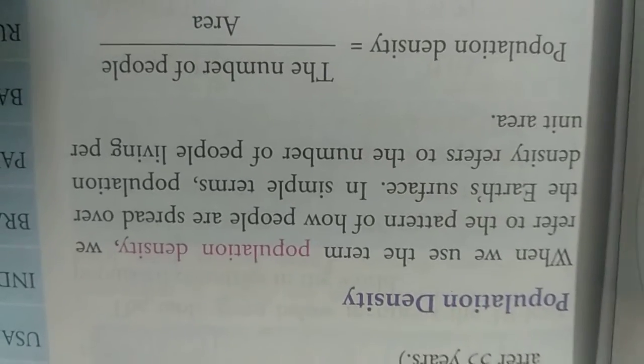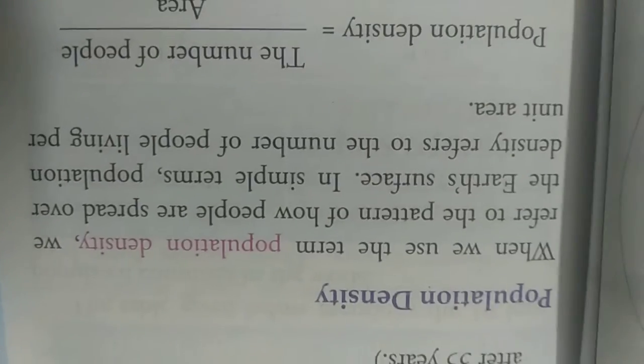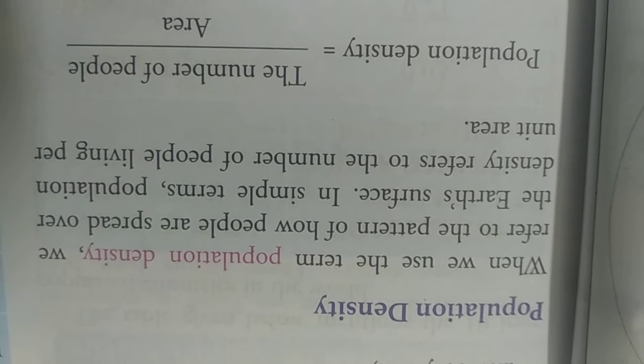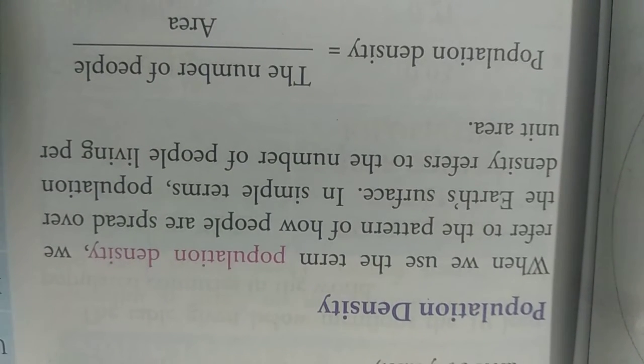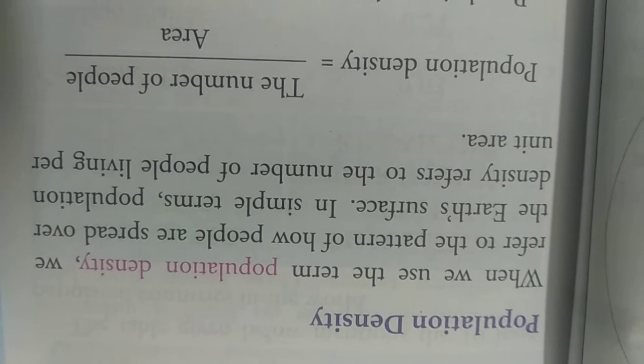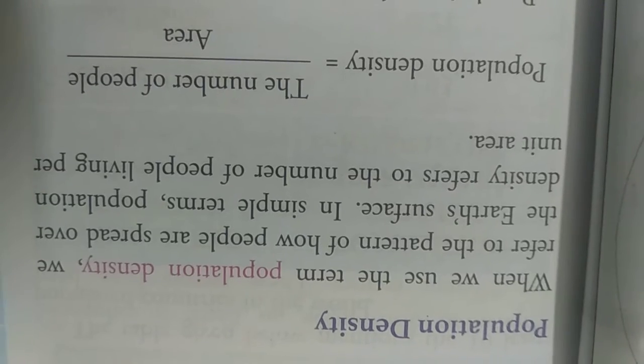Population density. What is population density? Population density refers to the pattern of how people are spread over the earth's surface. In simple terms, population density refers to the number of people living per unit area. It is the number of people by area.